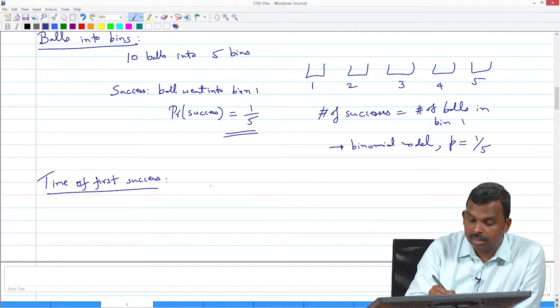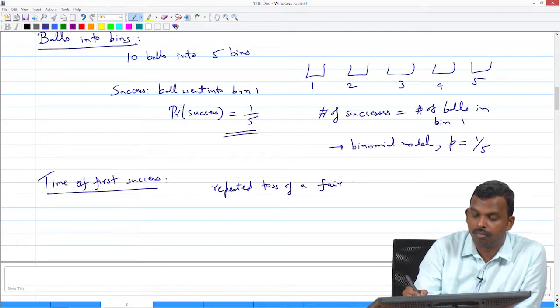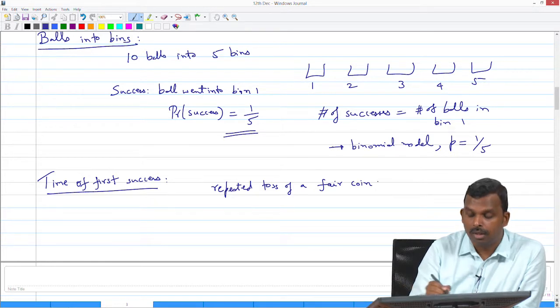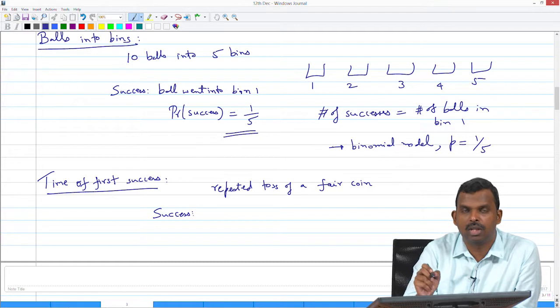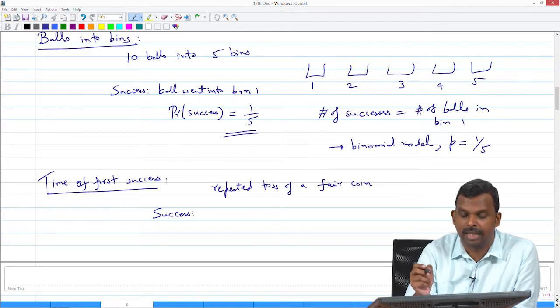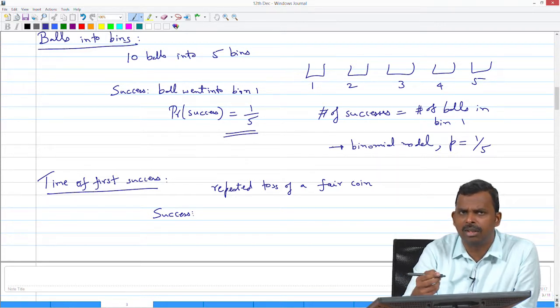So, for instance, supposing you have a repeated toss of a fair coin. You might define success as the first head. That is a very classic example for the geometric model, the time at which you have the first head. Or you can define it in a slightly more complicated way, you can think of the probability of having the second head. So, these are all very popular models.